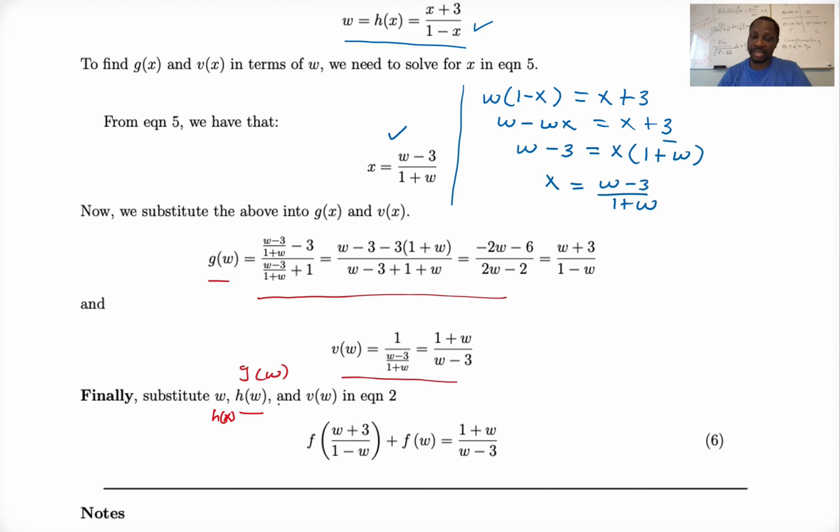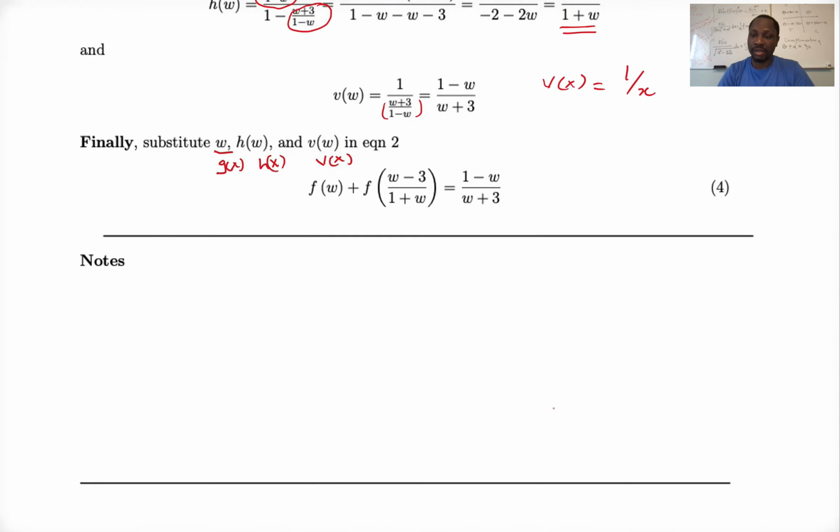So this is just a typo, and then v of w. So as you can see, g of w is this. h of w, or h of x, is just simply w, and then v of w is this. So now we have two equations.